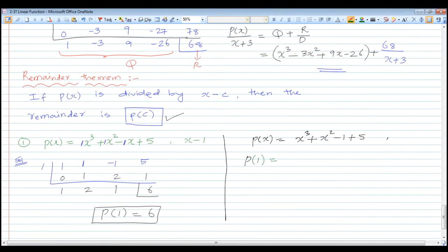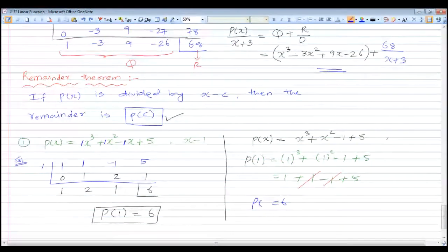Just replace x with 1. 1 power 3, here 1 power 2, minus 1. So you will get 1 cube is 1, 1 square is 1, minus 1 plus 5. So minus 1 and plus 1 get cancelled, and the final answer is 1 plus 5, which is equal to 6. So this is the same thing, right?